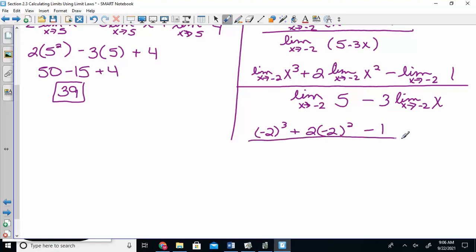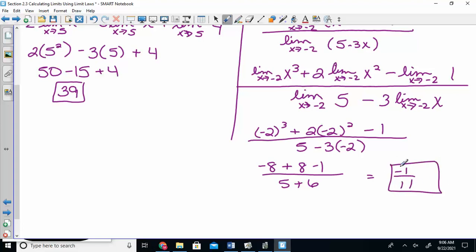If it's a constant, the limit doesn't change it. Limit as x approaches -2 of 5. Limit as x approaches -2 of x. So we get -8 plus -2 squared is 4 times 2 is 8. And I get -1 over 11.